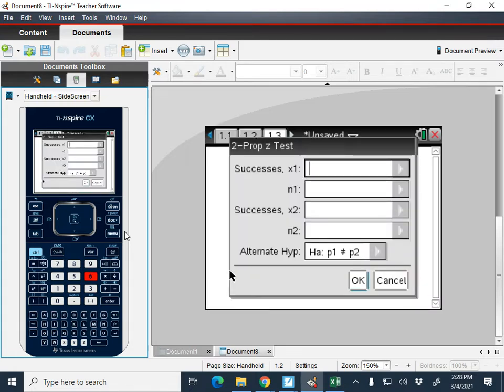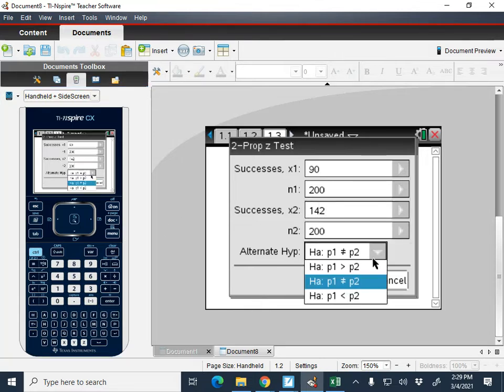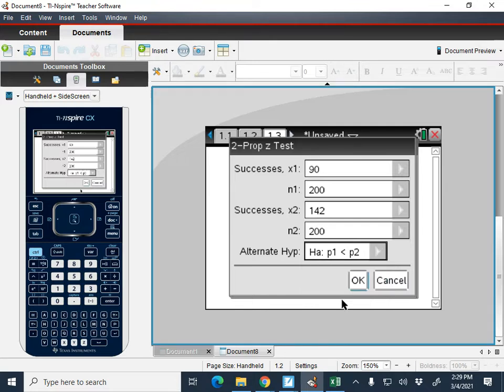I have 90 males out of 200 after I multiplied, and 142 females out of 200. And I'm putting less than, you're putting greater than if you put females first, and that's fine. Just make sure it stays the same. Don't start flipping stuff around, don't flip them around. Keep them the same for consistency.